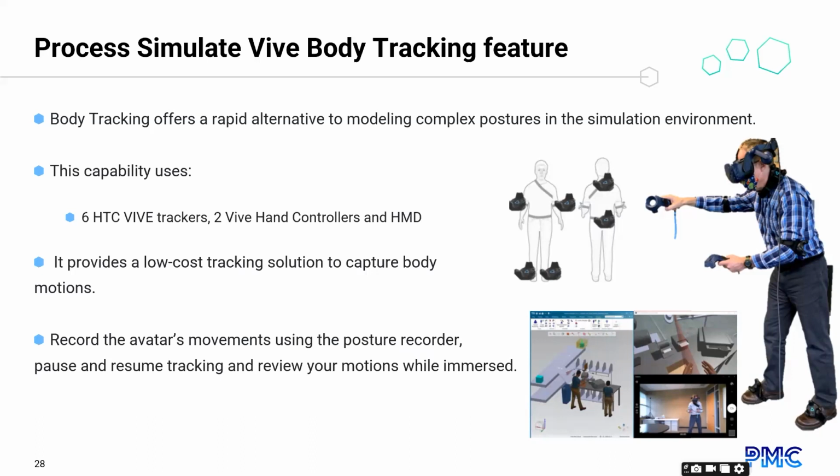It's also possible to record the movements made by the avatar using a feature called posture record. We can pause and resume tracking, and we can review all the movements while immersed in the 3D environment.